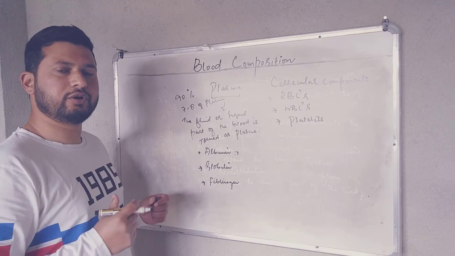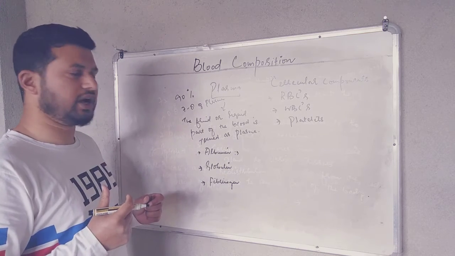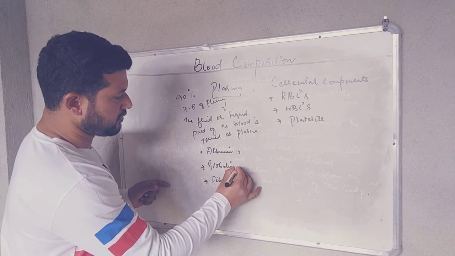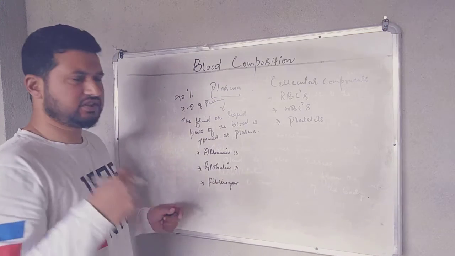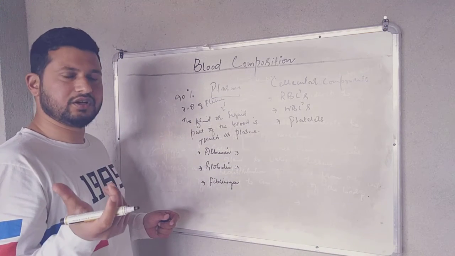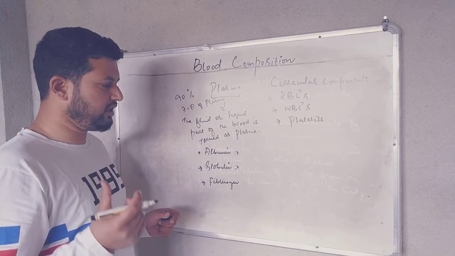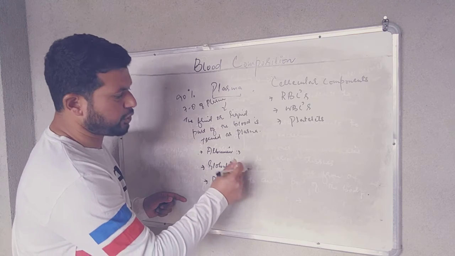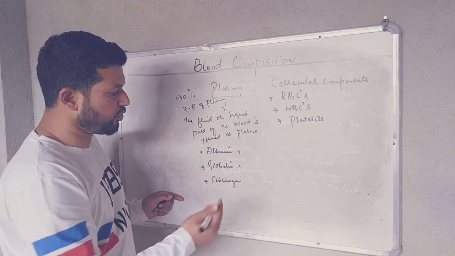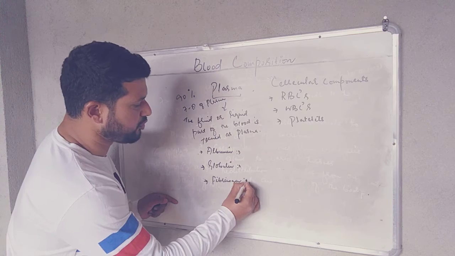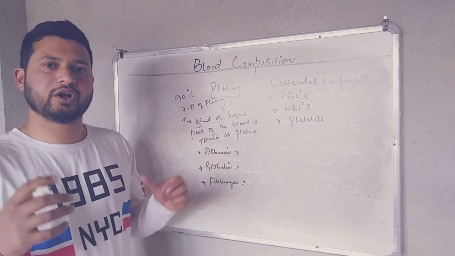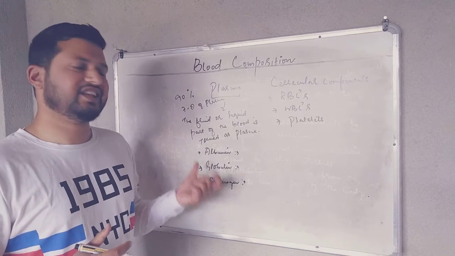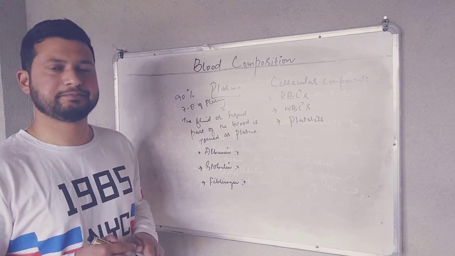It helps to regulate the osmotic pressure of the blood, and it is synthesized in the liver. This globulin helps in the production of antibodies and boosts the immune system. It's produced by the lymph nodes. And this fibrinogen helps in the coagulation of the blood, or you may say the clotting of the blood. It's synthesized by the liver.